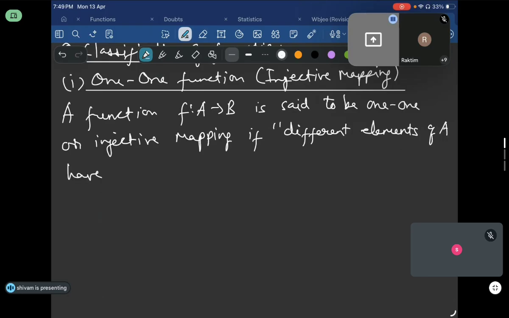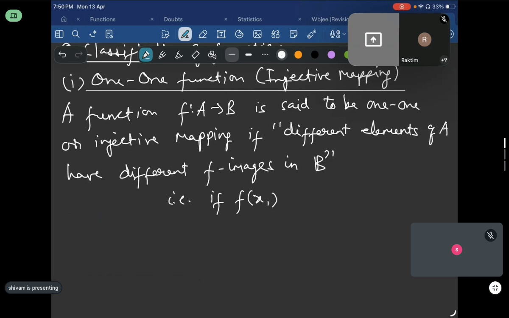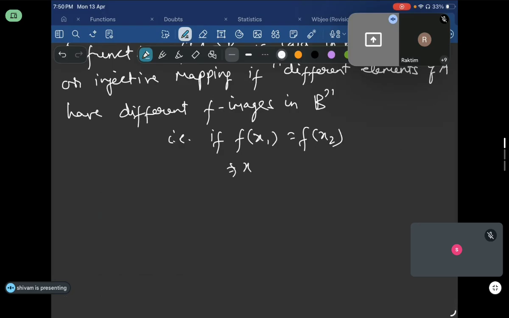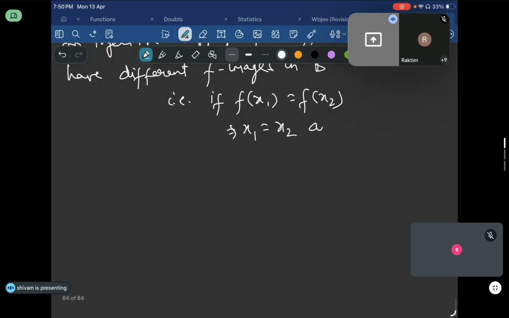Okay, means each and every element will have different images in B. That is, if f of x1 is equal to f of x2, this implies x1 is equal to x2. Okay, and vice versa.